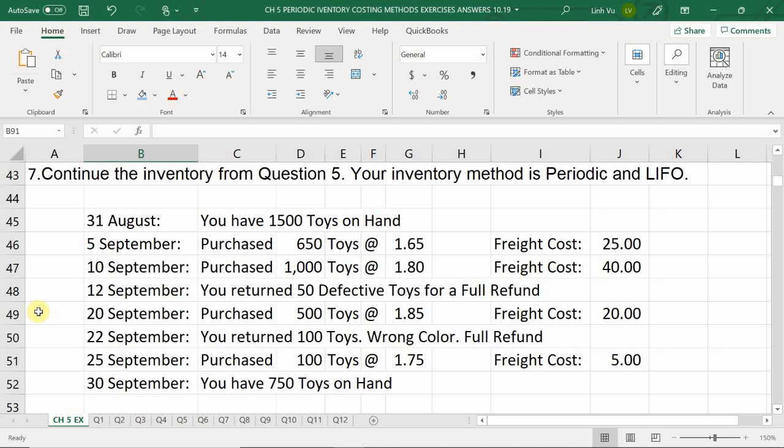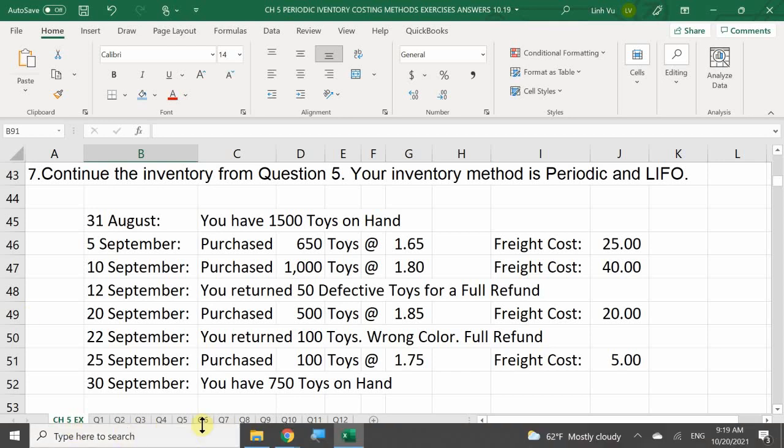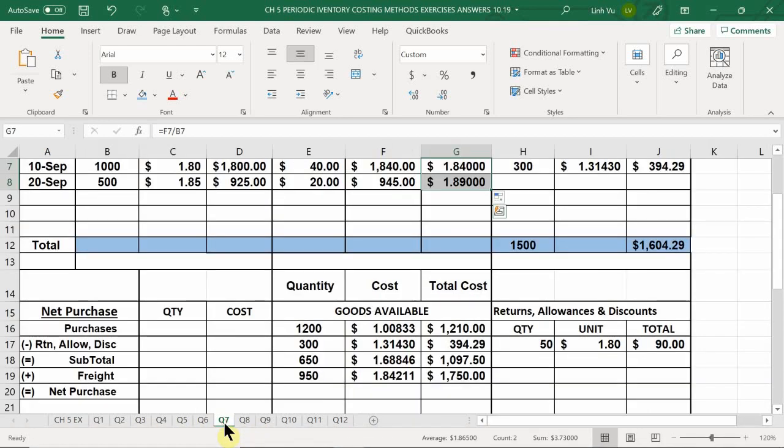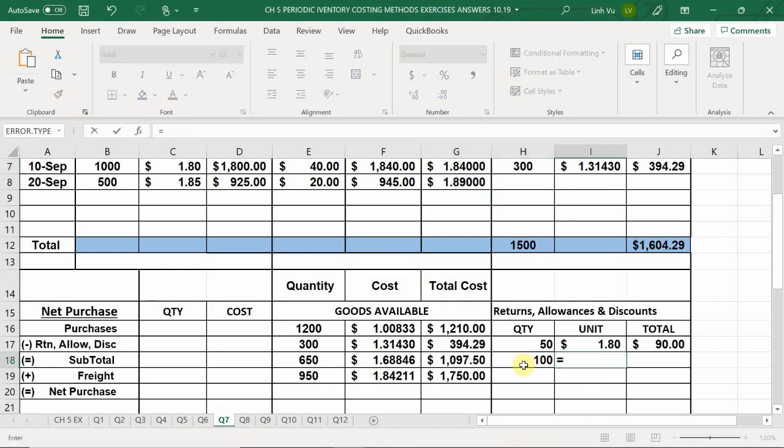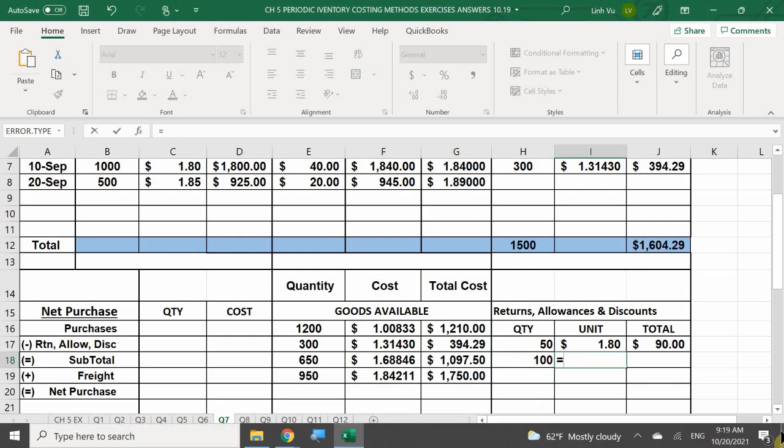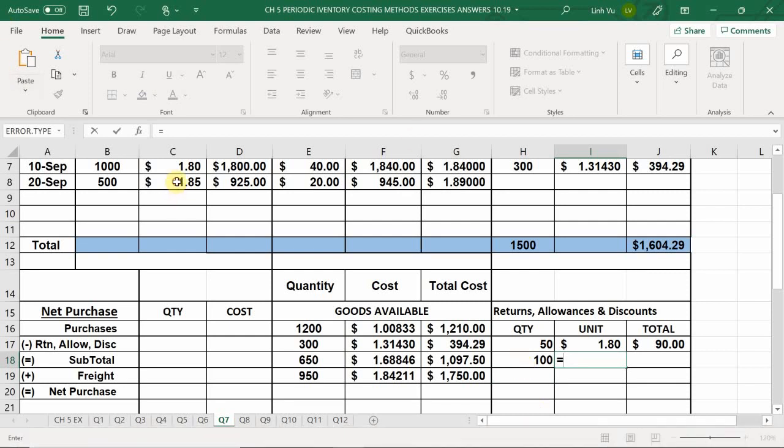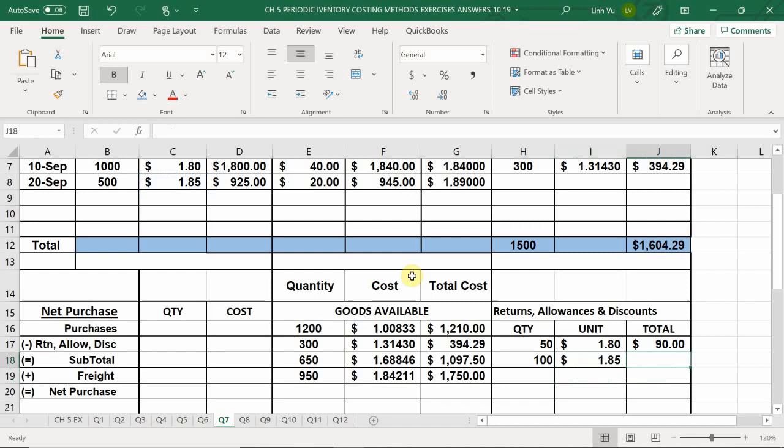Even though they were the wrong color, we want a full refund. I'm going to get a full refund on 100 items. What's my cost per item going to be? $1.85.